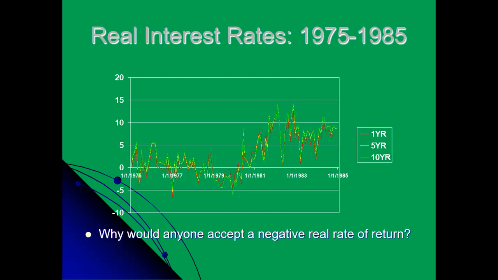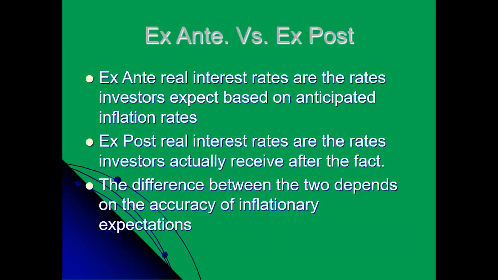And this one is interesting: ex ante versus ex post. The word ex denotes after, correct? And ante means before, post means after also. So it's like after before and after.